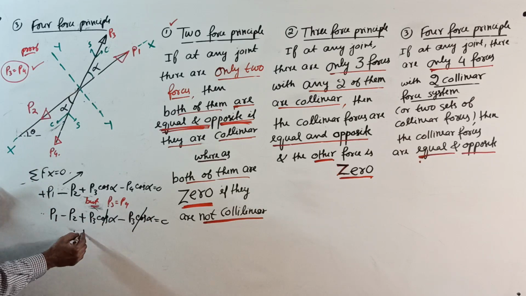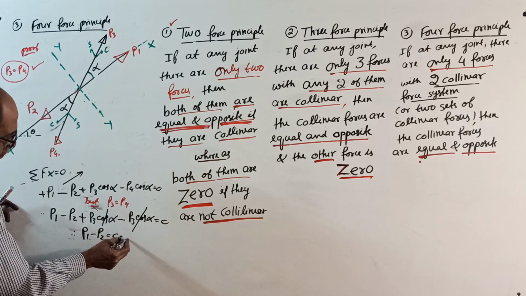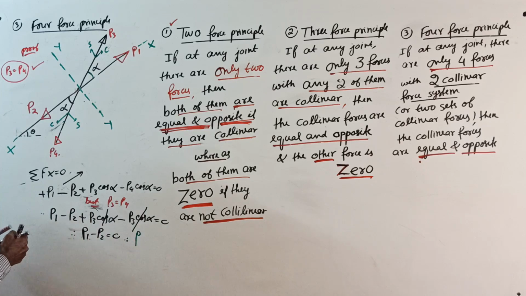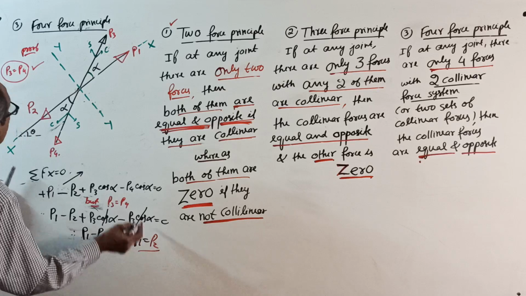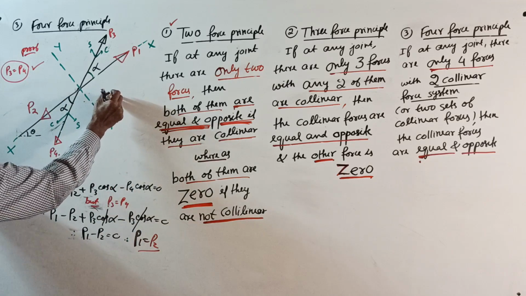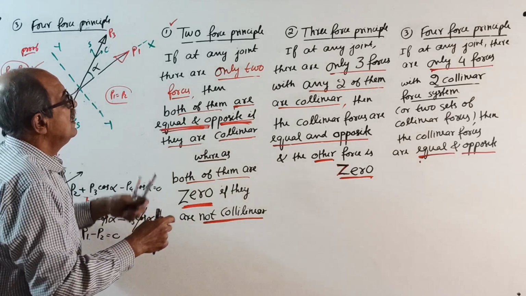Therefore, you will get P1 minus P2 equal to 0. Therefore, your P1 equal to P2. Now you got P1 equal to P2. That is the theorem. See here, the rule.